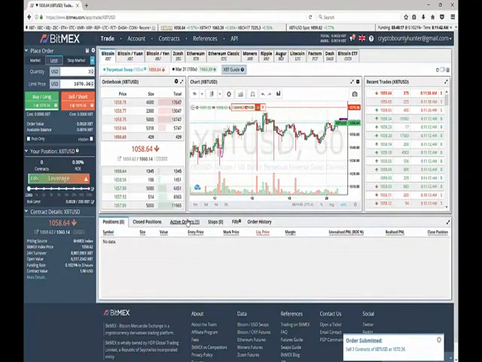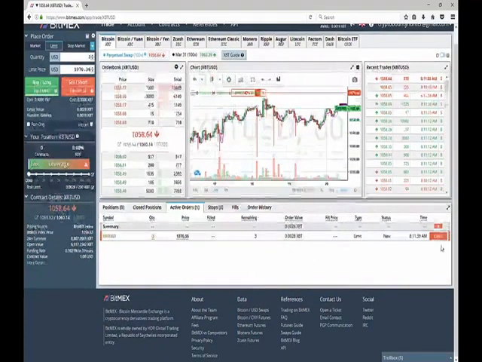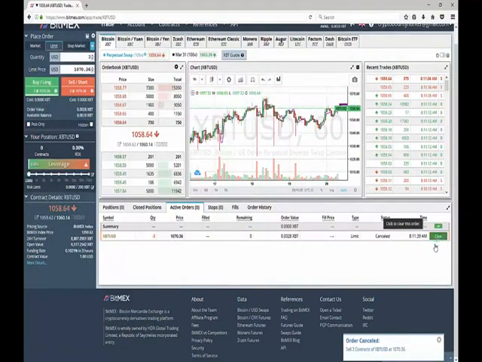So it'll show my active order right here. It'll show the quantity of contracts that I want to sell, the price, the order value, and then the type and the status, right? And of course, I could just cancel this at any time to cancel the order. So that'll set a limit order.